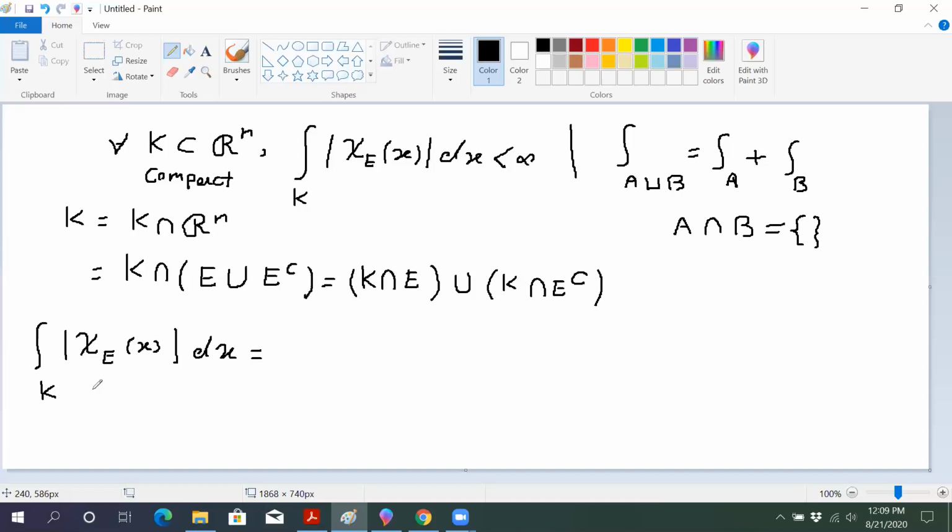Look at here, your K. It's the disjoint union of these two sets, right?